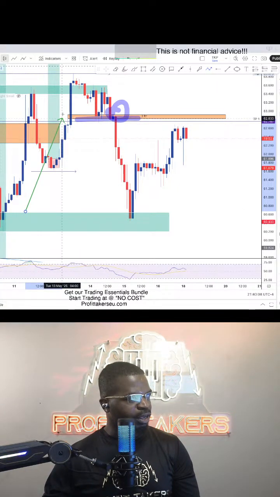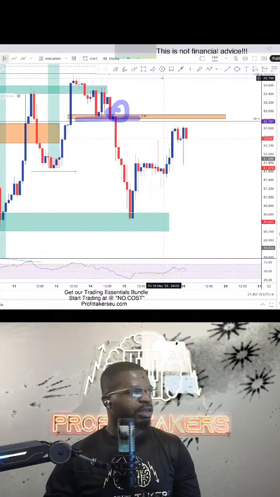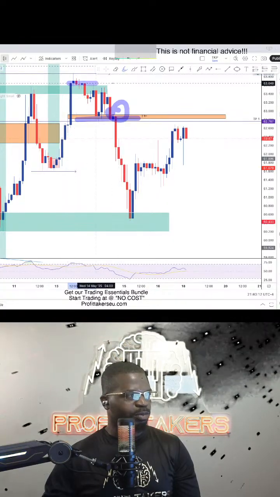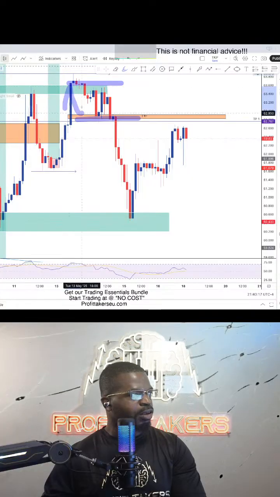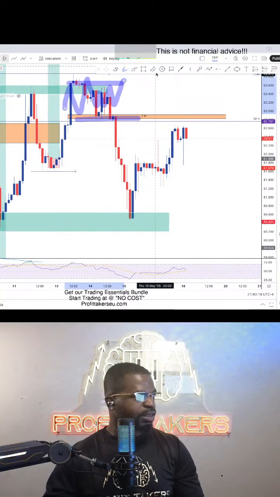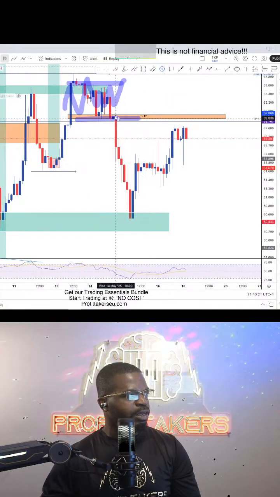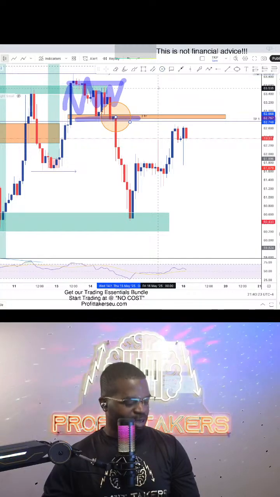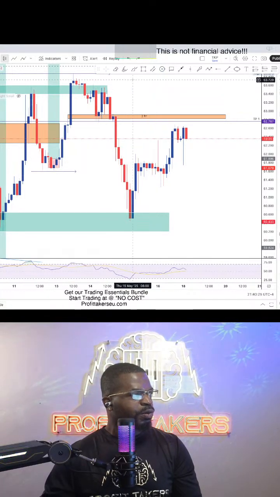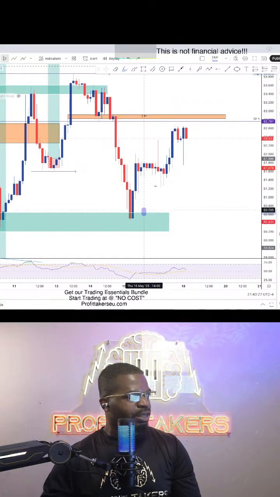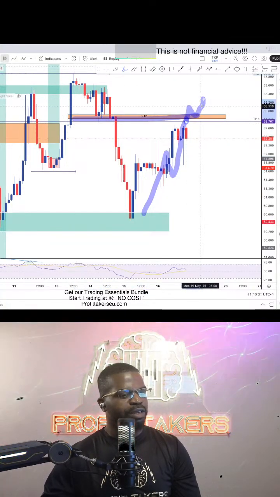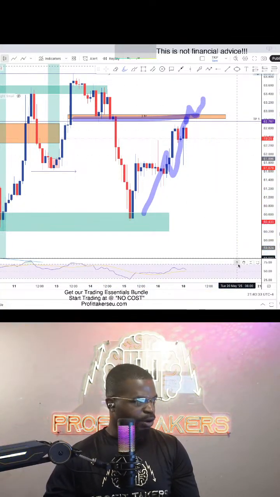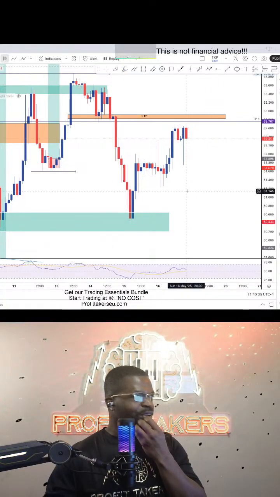When price is making higher highs, higher lows, and you see consolidation being formed. Consolidation is just price trading sideways. Anytime you get a break in that consolidated area, if you get a pullback to retest structure and price does not break above, you are getting a lower low. So it's the same thing in reverse.